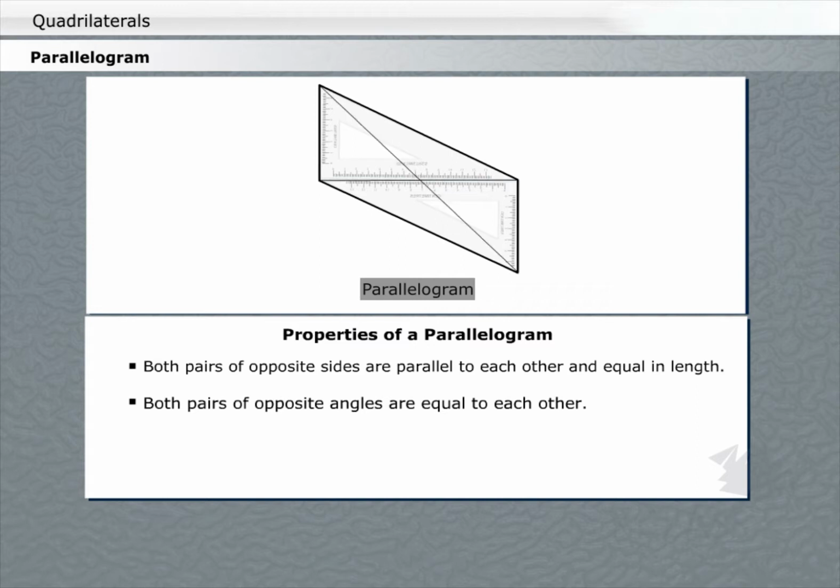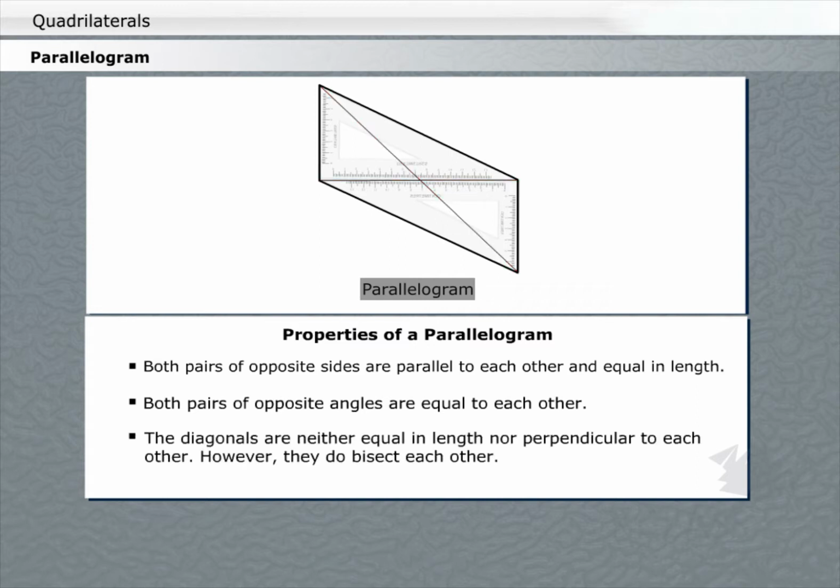What about the diagonals? The diagonals are neither equal in length nor perpendicular to each other. However, they do bisect each other. All these properties are true for any parallelogram. Let us now look at some special parallelograms like rhombus and rectangle.